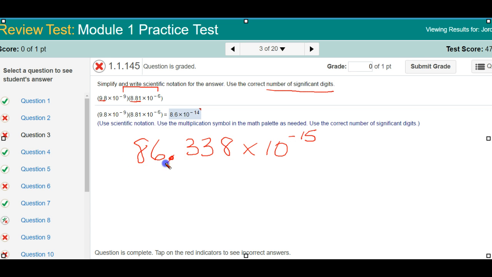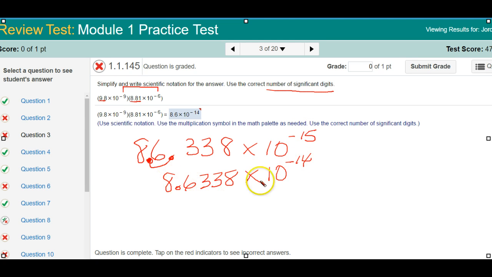So we have to move our decimal place over one place, and when we do that we have to add a positive exponent to this. So this now becomes 8.6338 times 10 to the -14. By moving it over one place, we have to add a positive exponent of 1 here, which gives us this.